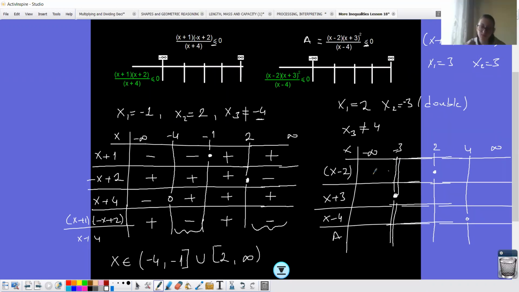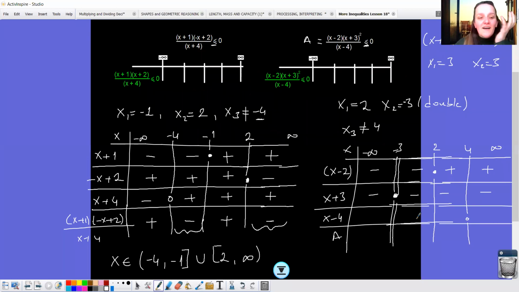Now, when I start to write the signs, here I will start with minus, then plus. What about here? We had a double root. Do you remember we said that the sign doesn't change? It will continue as minus. Okay? In the third one, minus, minus, and plus, minus.